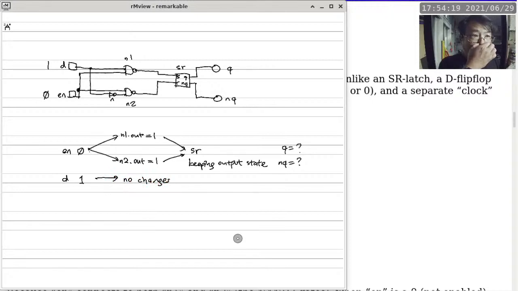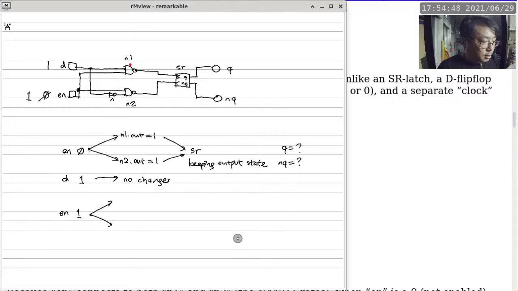All right. So now the next thing is, what if we turn EN to a 1 at this point? Now we turn EN into a 1, and once again we have to look at the gates that are directly connected to EN. There are 2 of them. We'll analyze N1 first. EN is now not a 0, instead it is a 1.